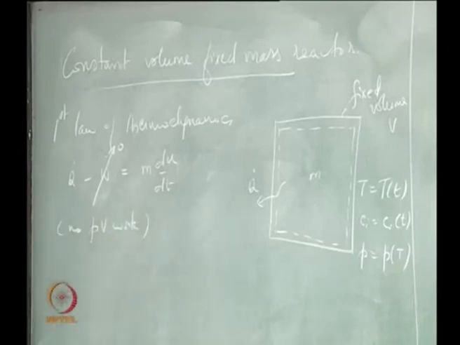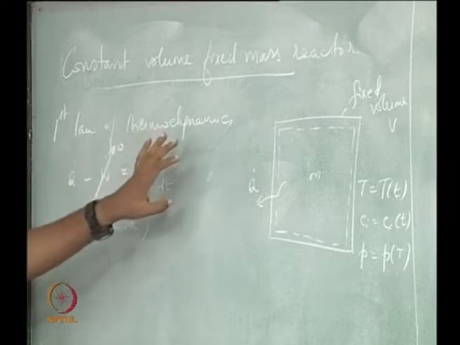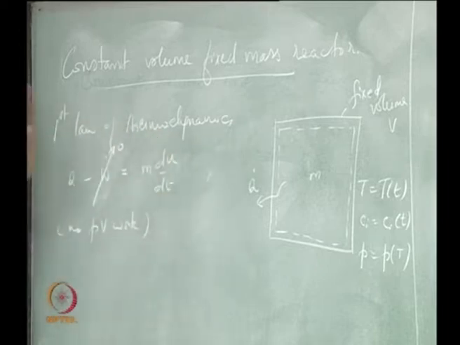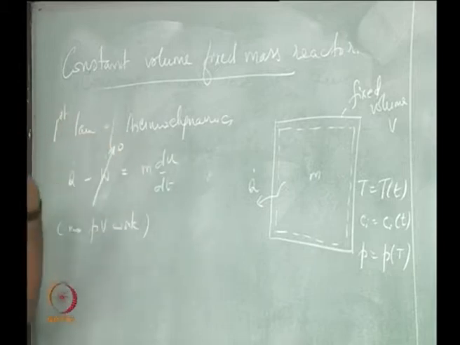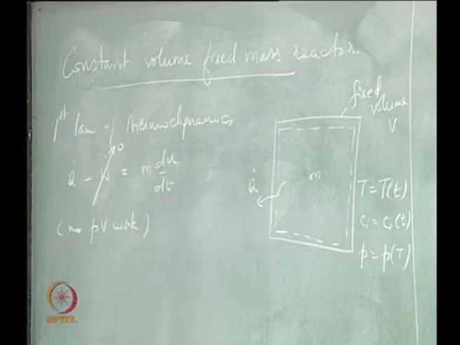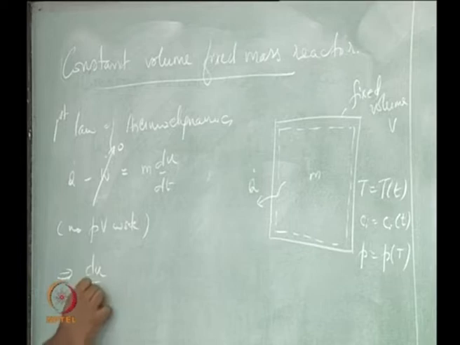So we just say there is no work done by the system, we just have only a heat interaction, and obviously then any change in the internal energy of the system directly comes from the heat or vice versa, or the heat that is released goes to changing the internal energy directly. So here you now have du over dt equal to q dot divided by m.